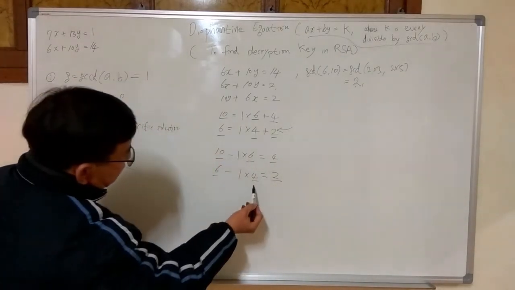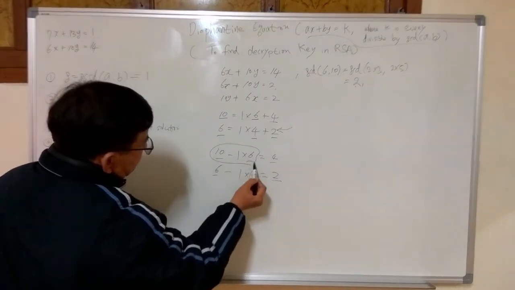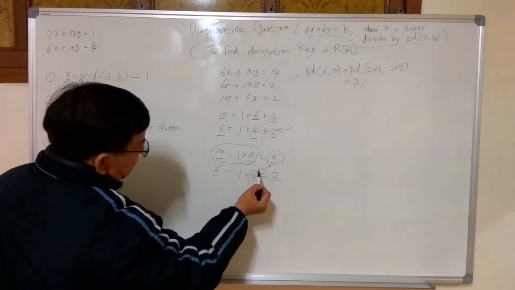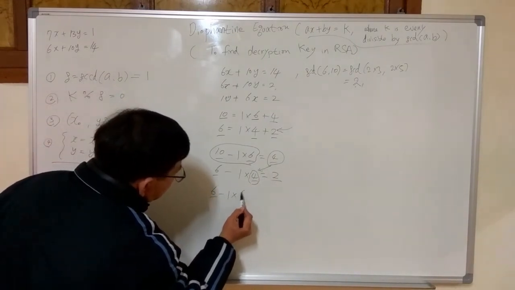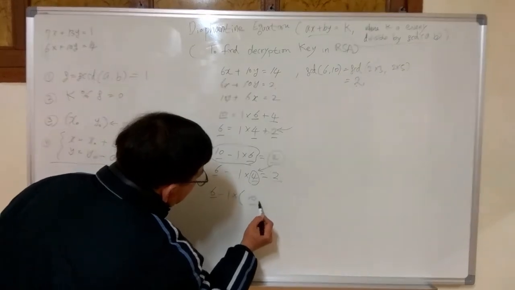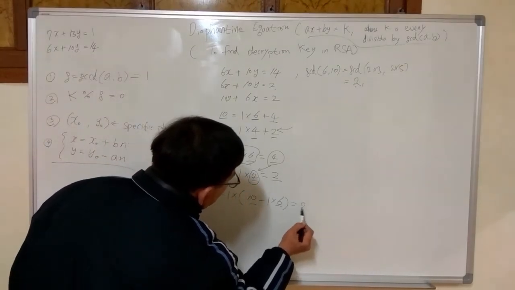Now we replace this term 4 bar with these equations, because 4 bar is the same as this. We put here 6 minus 1 times 10 bar minus 1 times 6 bar equals 2.